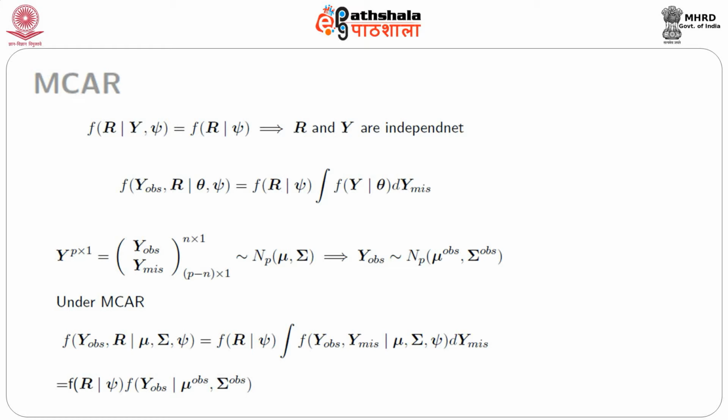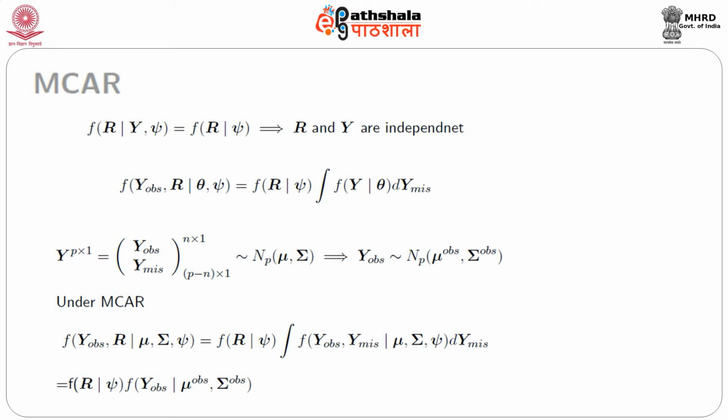f of y observed, r given mu, sigma and psi is nothing but f of r given psi and then the integral of f of y given mu, sigma into dy miss. Now f of r given psi into f of y observed given mu observed, sigma observed, which means that f of y observed, r given mu, sigma and psi is proportional to f of y observed given mu observed and sigma observed.